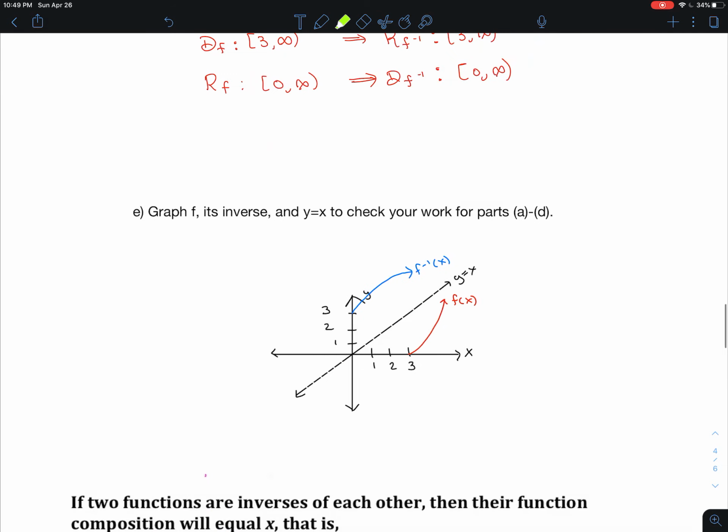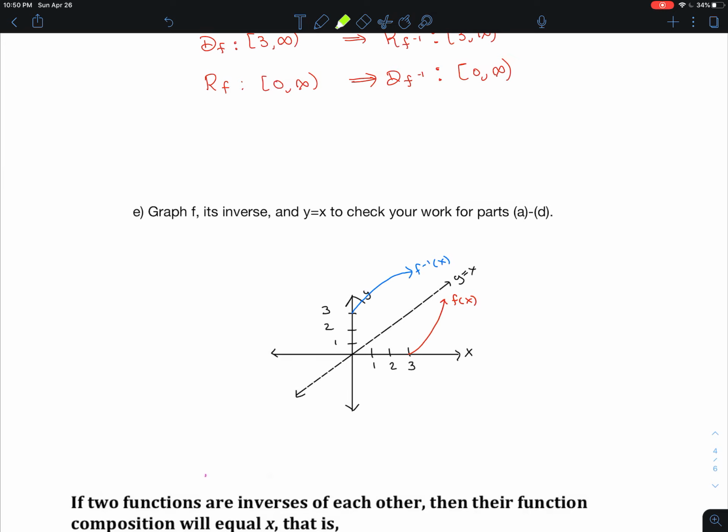This is what your graph should look like. We have the graph of f of x, and I simply graphed f inverse of x by just reflecting f of x about the line y equals x. Now notice that f inverse of x is the graph of square root of x, just with a transformation. It was shifted up by 3 units.